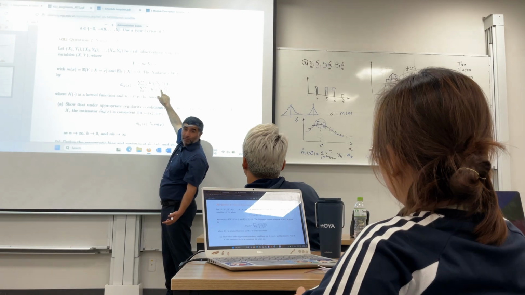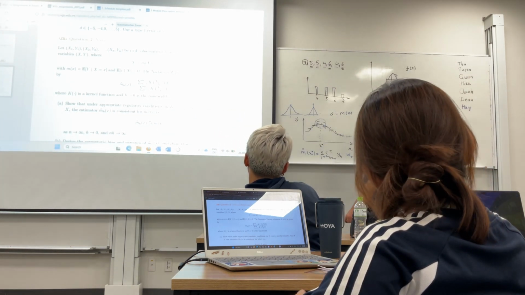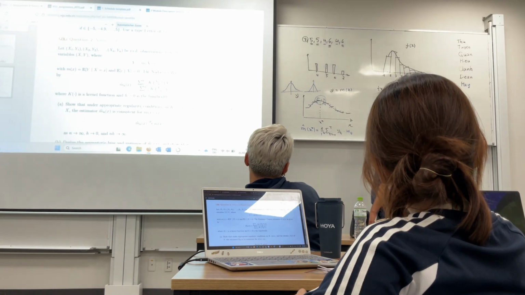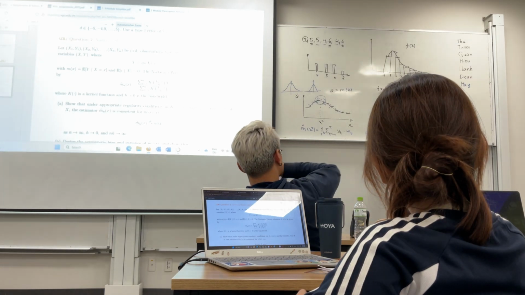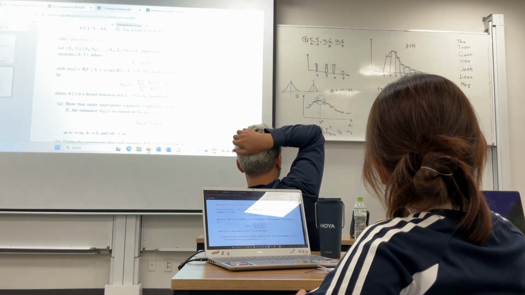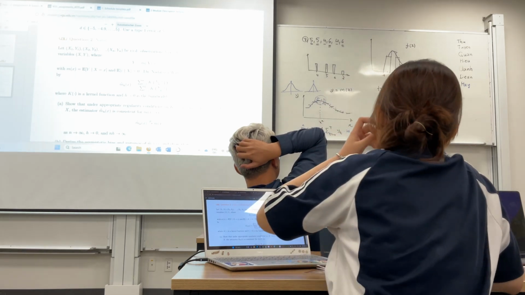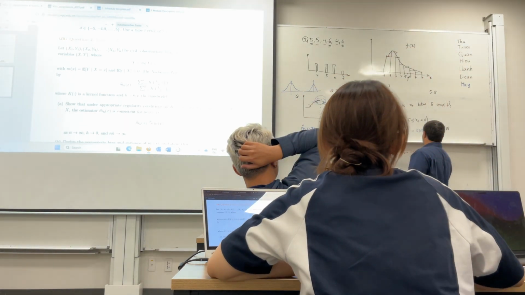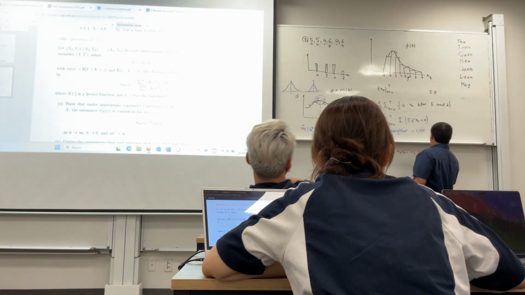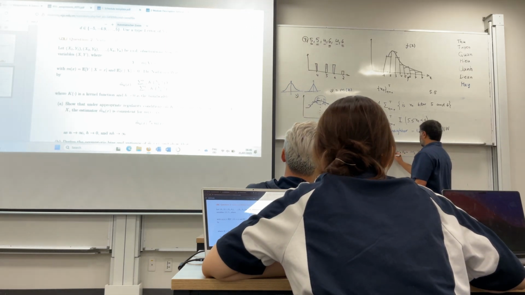This is like a weighted sum. For example, you have the summation of W1 Y1 plus W2 Y2 plus W3 Y3, up to Wn Yn, divided by the summation of the weights.